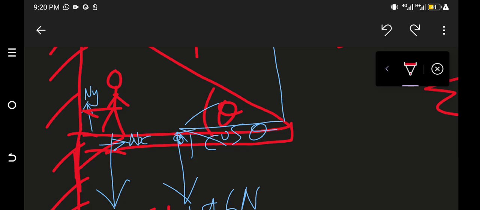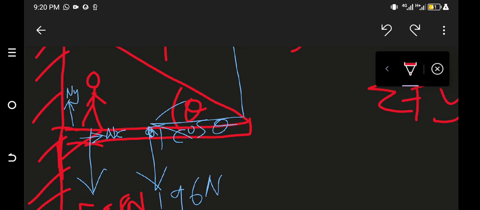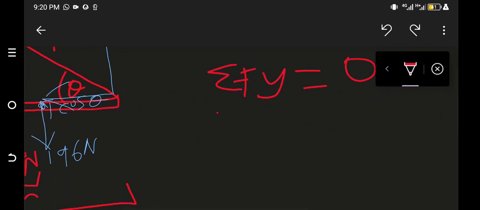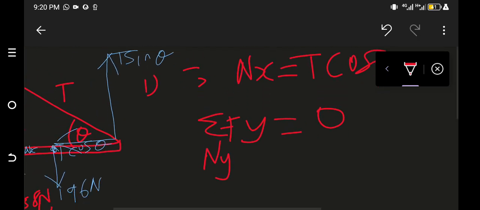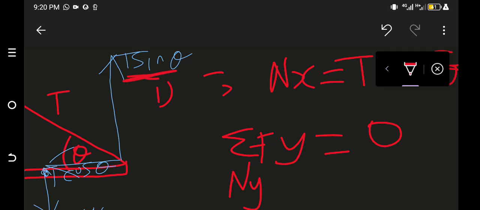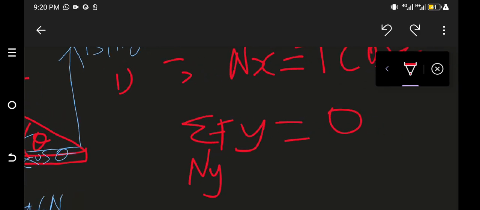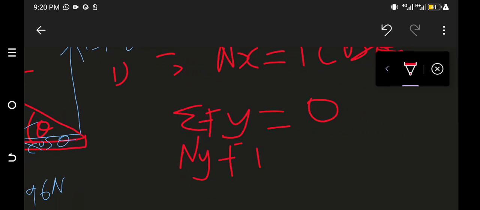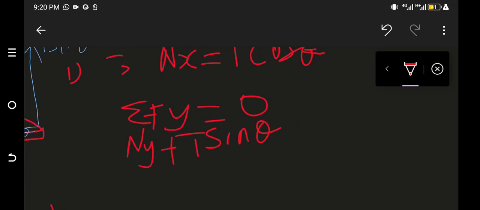Any force acting upwards produces a positive result, and any force acting downward should be negative. The other upward force in the y direction is T sine theta.